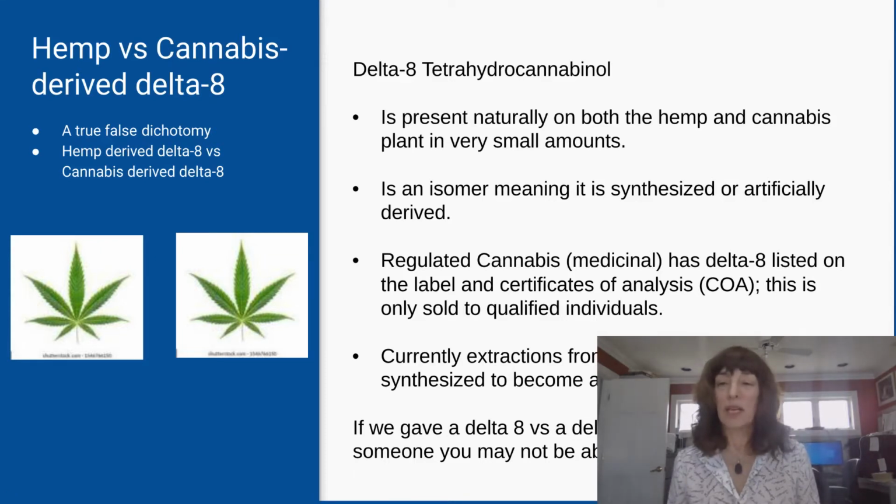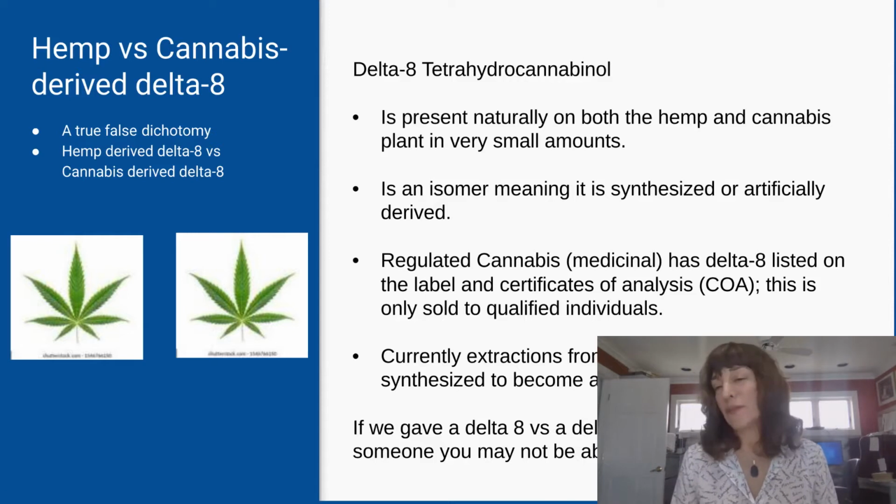In the regulated cannabis, it has delta-8 listed on the label and certificates of analysis. It's only sold to qualified individuals. And currently, the extractions from the hemp plant are being synthesized to become a Schedule I drug, sometimes in people's bathtubs, believe it or not. Now, some say that if we gave a delta-8 versus a delta-9 THC product to someone, you may not be able to tell the difference. However, I would argue that point based on some of the adverse events that we've seen.